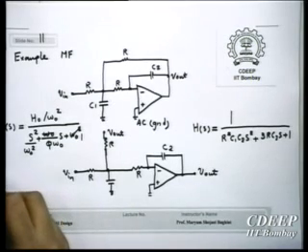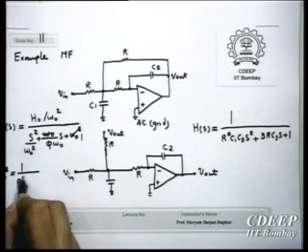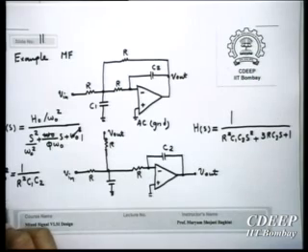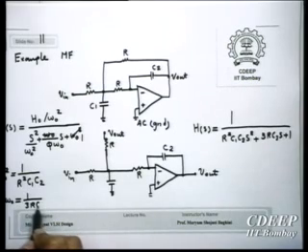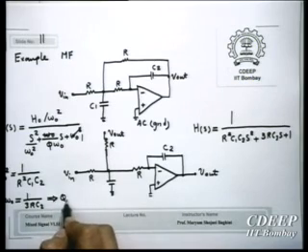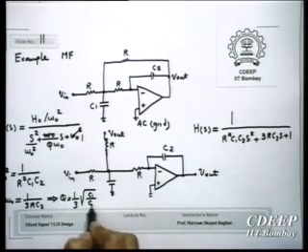Therefore, omega 0 square will be 1 upon R square C1 C2. And Q of the filter, so Q omega 0 will be 1 upon 3 R C2. Therefore, Q will be equal to 1 upon 3 ratio of C1 upon C2.